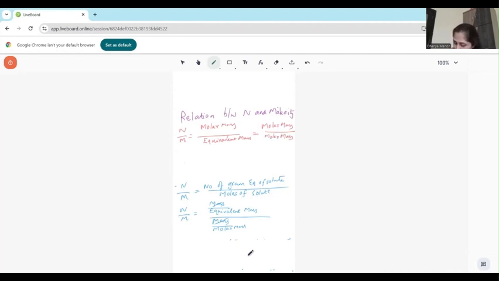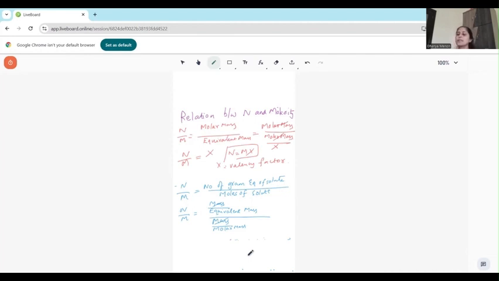So N by M, again, things get cancelled and I get X. So N is equal to mX, where X is the valency factor. This is the relation between normality and molarity. Suppose you get stuck or have a little confusion in the formula, just derive it at the side quickly. But the best thing is to memorize it so that you save a lot of time.